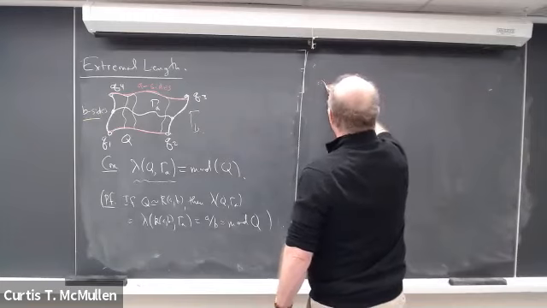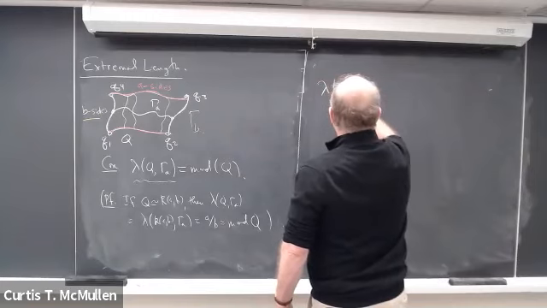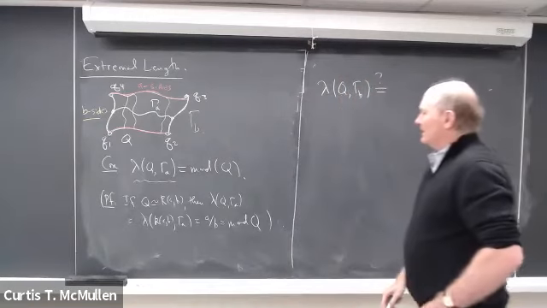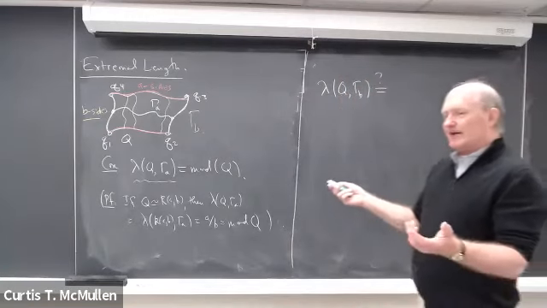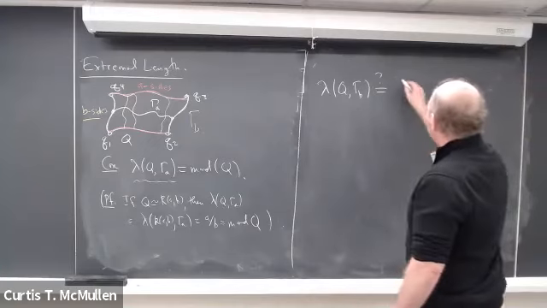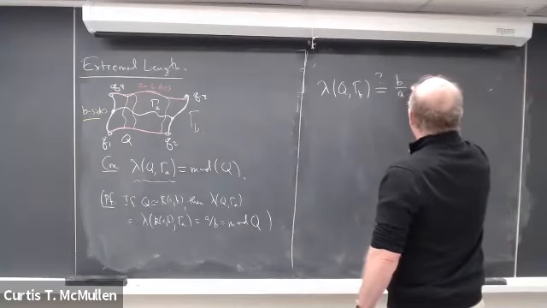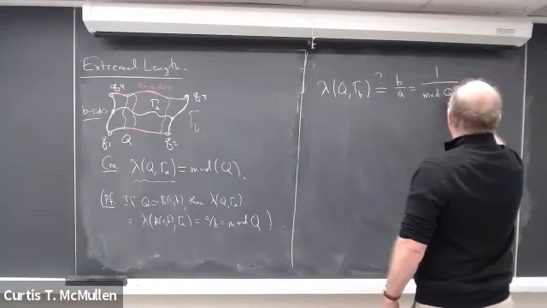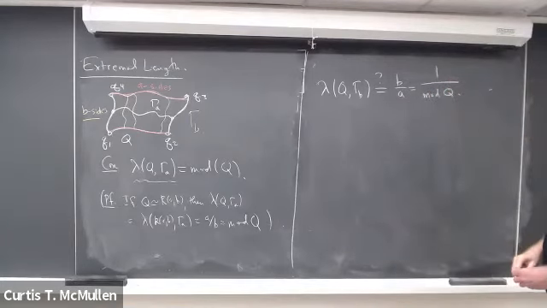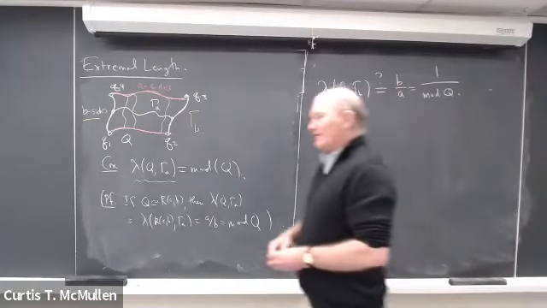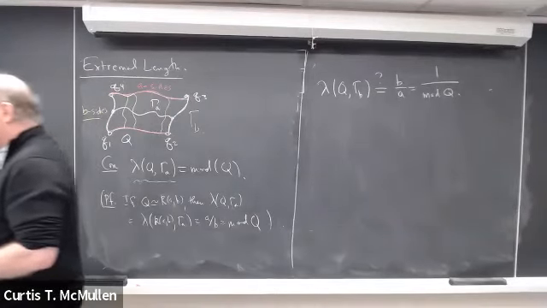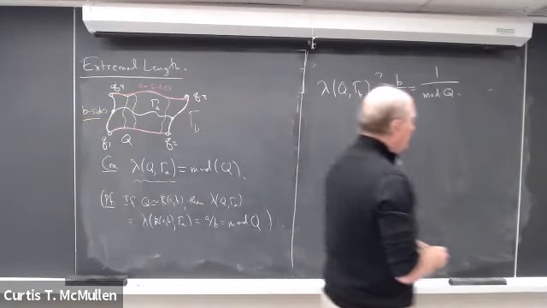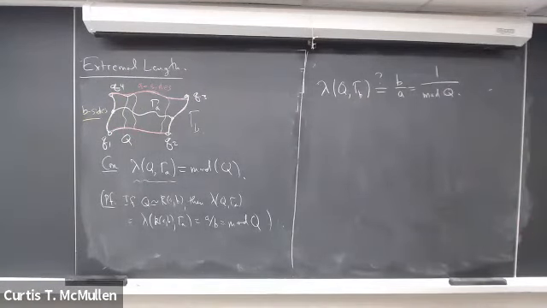And what do you think the extremal length is in this quadrilateral of gamma B? Well, all we've done is interchange the roles of a and b. So it's equal to b over a. In other words, it's equal to 1 over the modulus of the quadrilateral. So both the modulus of the quadrilateral and its reciprocal can be expressed as extremal lengths.